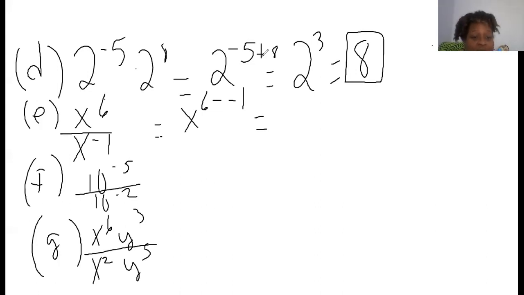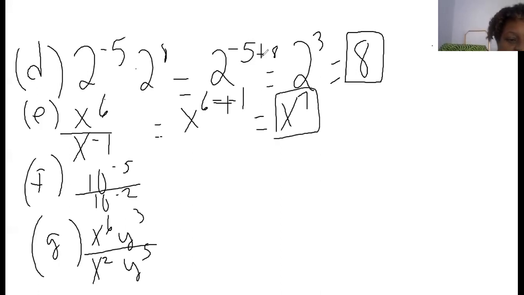Subtracting a negative makes a positive, so I will simply add that. And that will turn into x to the 7th. Final answer. So here's where we have to reason and apply the appropriate rule to simplify the exponents.